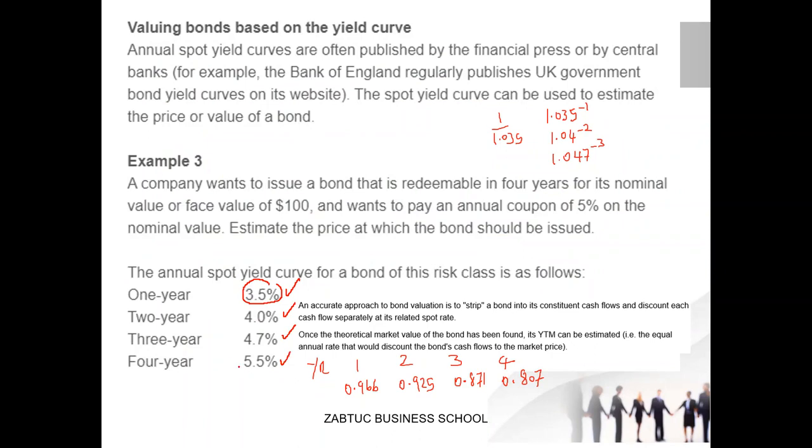So if you're going to apply this, then you must break down this into 4 cash flows: the year 1 cash flow, year 2 cash flow, year 3 cash flow, year 4 cash flow. You must split that into 4 and treat them separately, then at the end you add them up together.